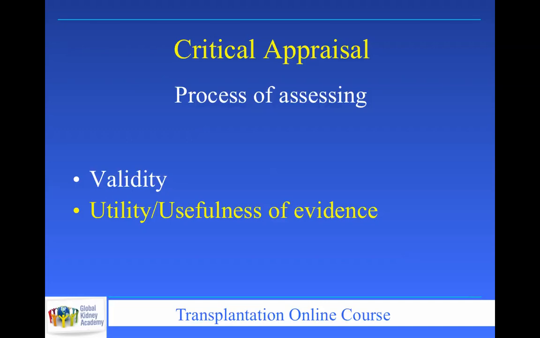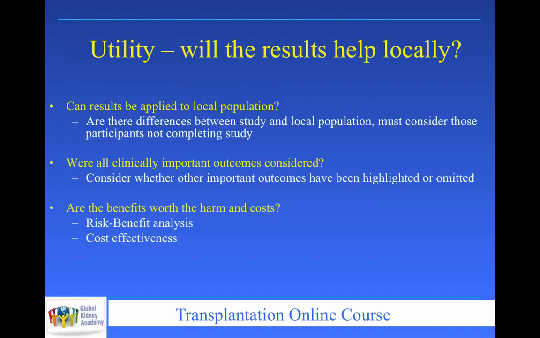So you see, validity has many components. What about utility and usefulness? Well, the question is, this is an intervention that is valid, convincing, correct, not flawed, but is it applicable to my patient? Is it applicable to my local population? Is it relevant to my patient?